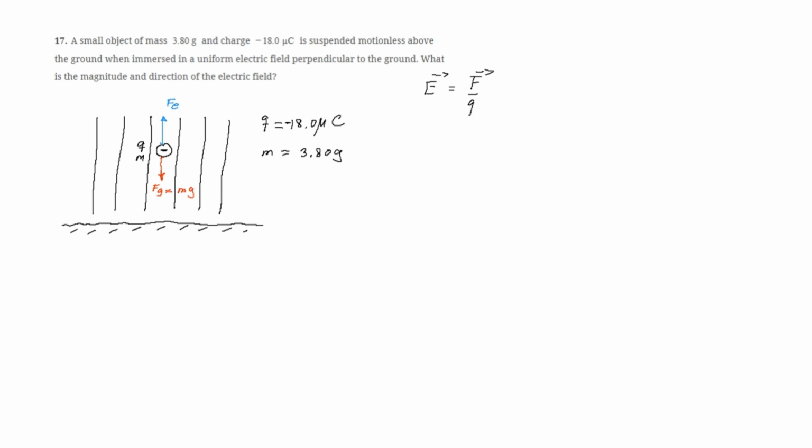When Q is positive, the electric field vector and the force vector have the same direction. This applies to positive particles. But when the charge Q is negative, the electric field vector and the force vector have opposite directions.